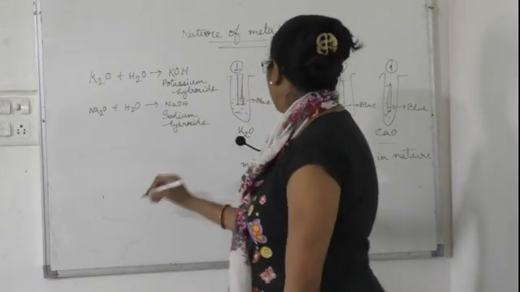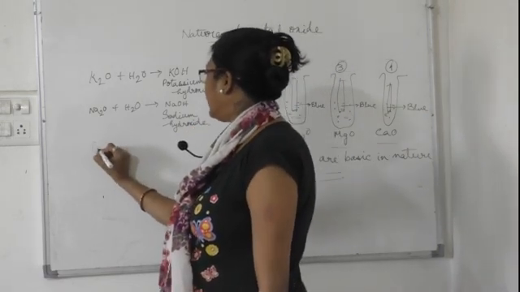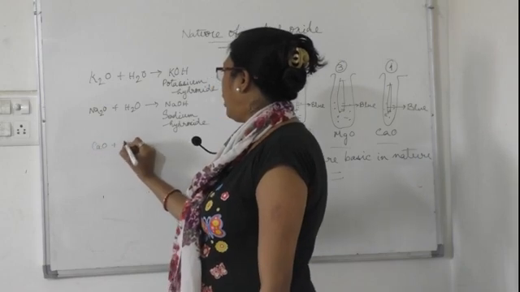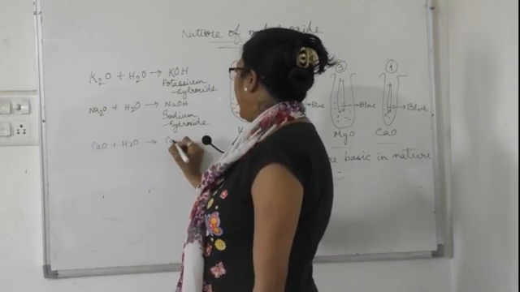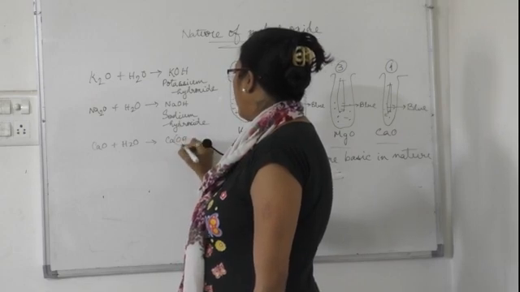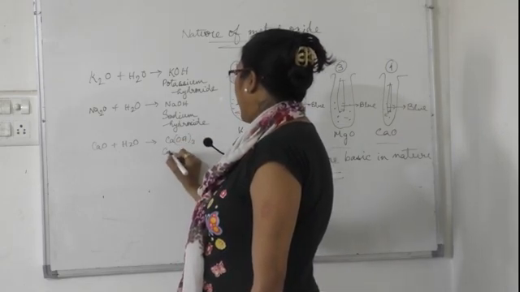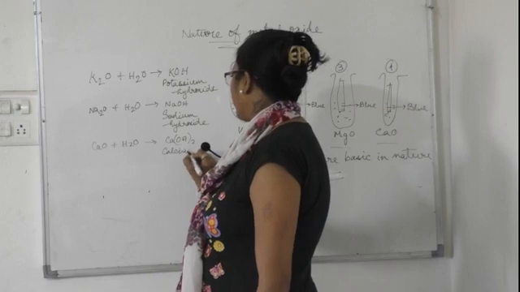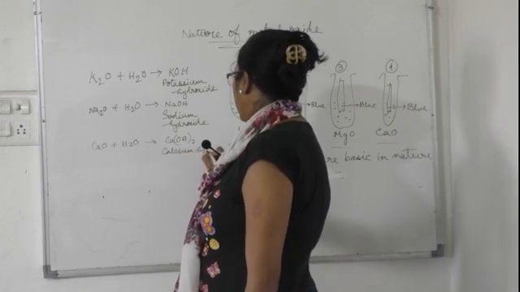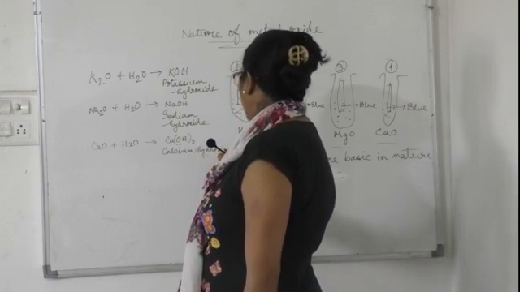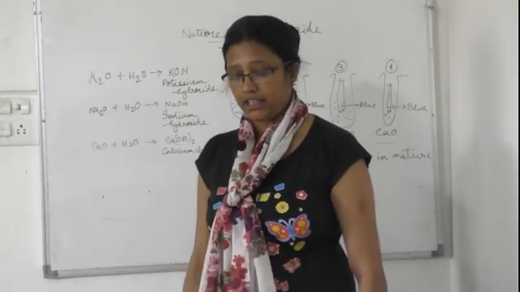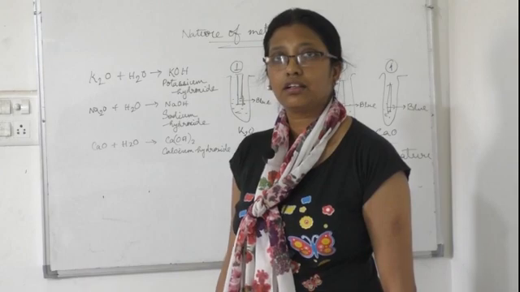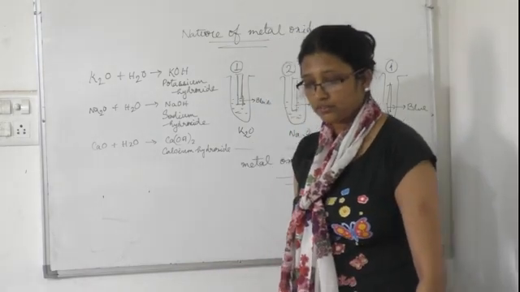Then calcium oxide plus water gives Ca(OH)2, calcium hydroxide. Now why is it 2? Because the valency of calcium is 2.